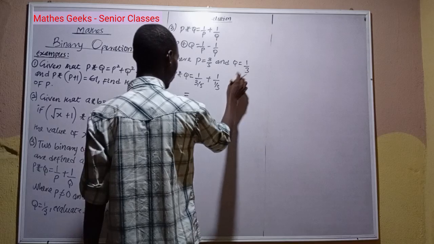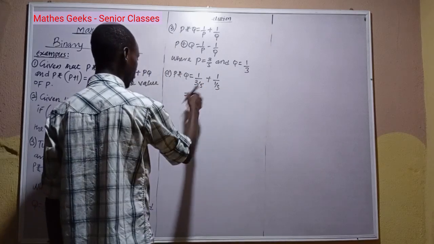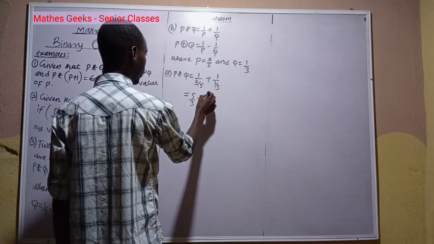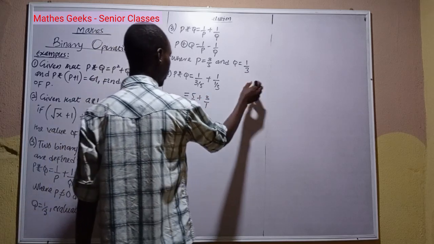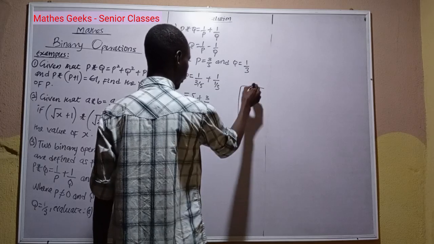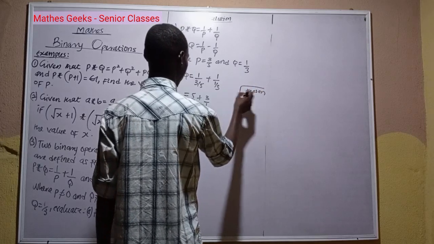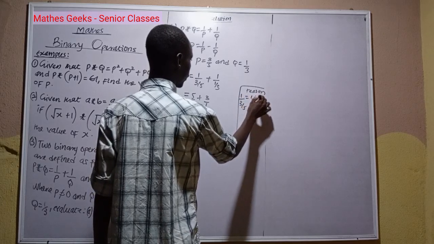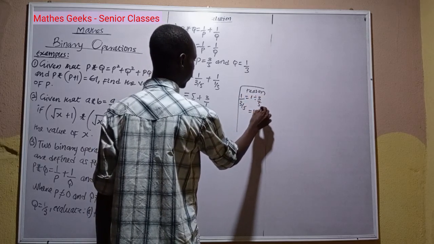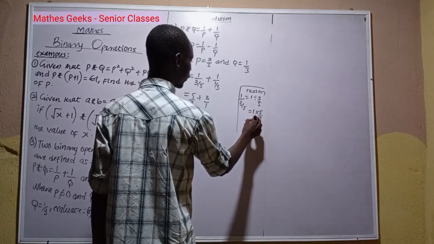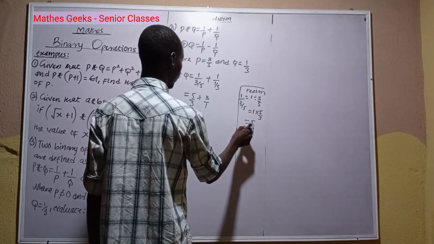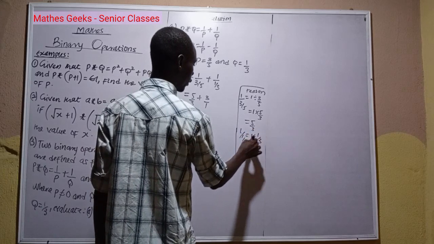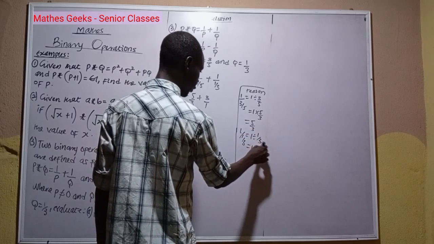Remember that 1 over 3 over 5 is 1 divided by 3 over 5, which is 1 times 5 over 3, so 5 over 3. Same applies to 1 over 1 over 2, which is equal to 1 divided by 1 over 2, which is 1 times 2 over 1.